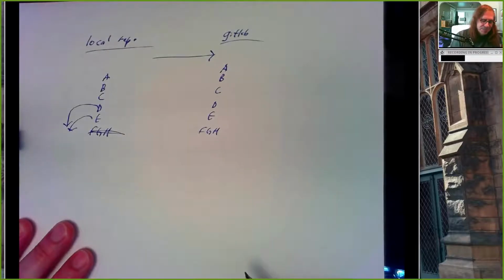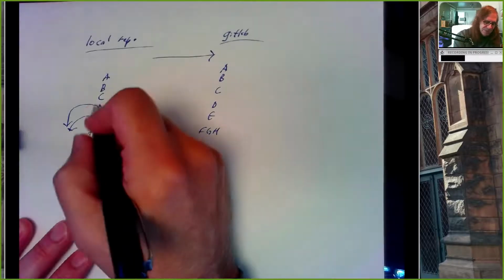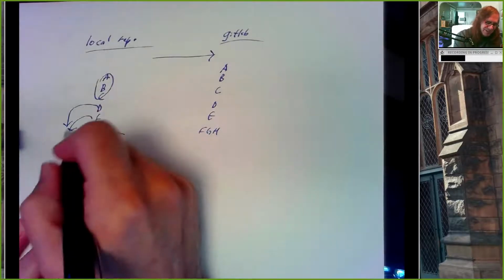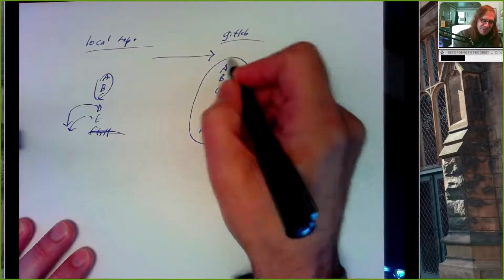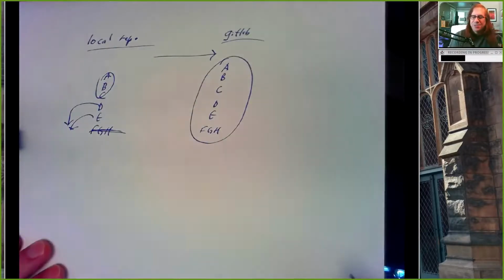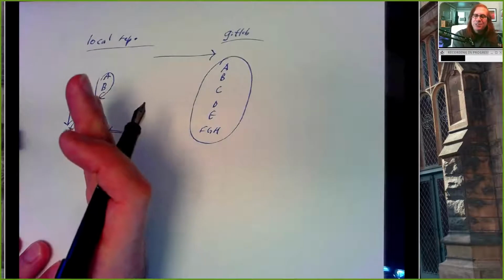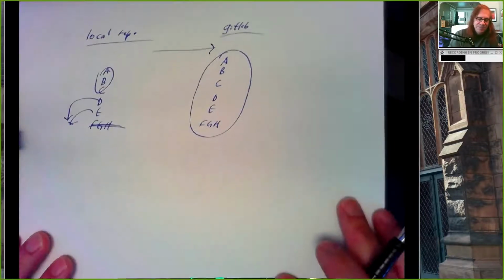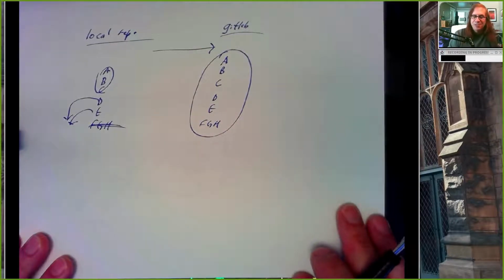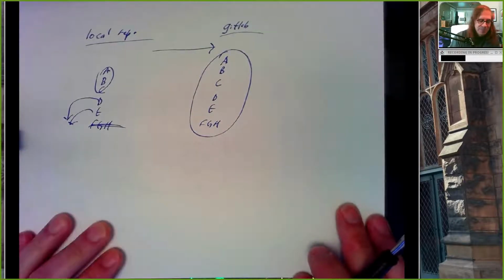When I get to git push, Git's going to say, hey, you've got A, B, C, and you've got these things over here, and this is missing, and this is what I had in my repository. I don't know how to reconcile those. I don't know how to take what your local repository looks like and update my repository to look like yours, right? It would require me to make some assumptions that I'm not going to make, right?